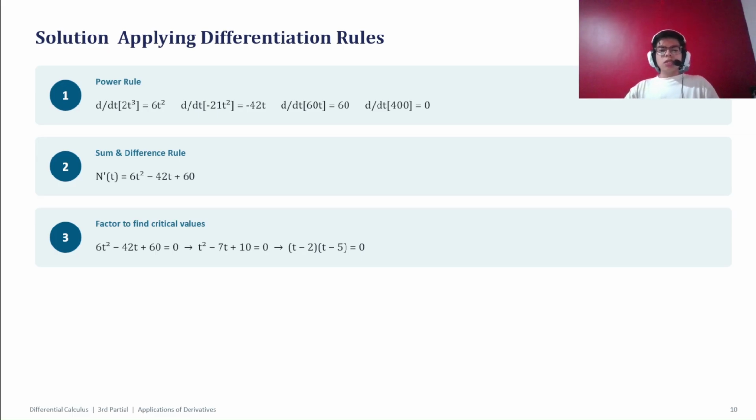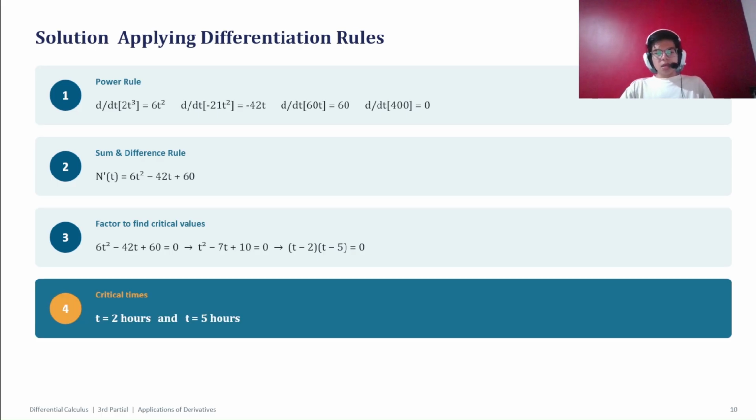And t squared minus 7t plus 10 equals 0. Then (t minus 2)(t minus 5) gives us 0. So the critical times are t equals 2 hours and t equals 5 hours.